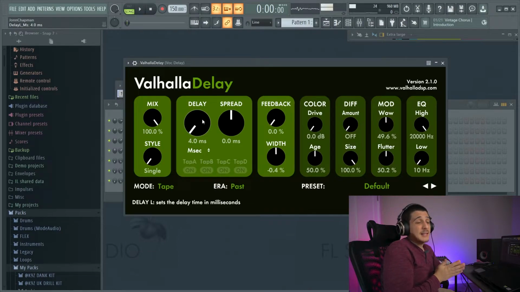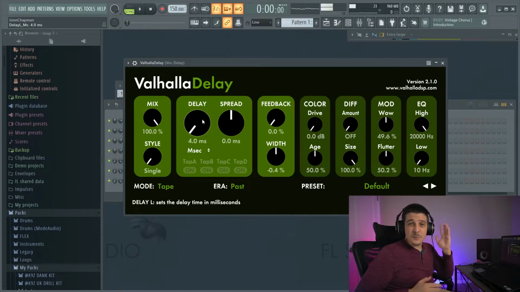What I mean by that is if you keep it under 30 milliseconds, then your echo will actually sound like it's the same sound. It creates a psychoacoustical effect. So if we're having a delayed sound play on one side and our source sound on the other, this sound will play first, this one will play second.